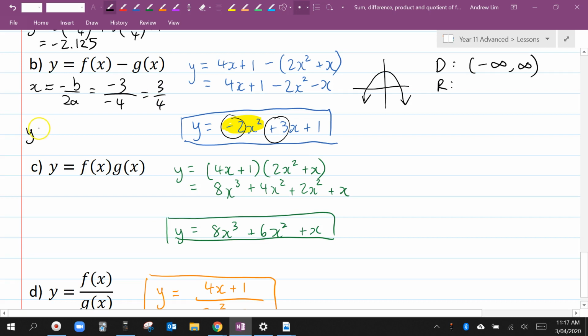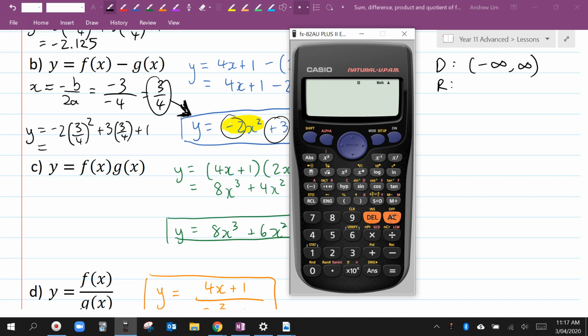So the y coordinate is equal to minus 2 times 3/4 squared plus 3 lots of 3/4 plus 1, so we're just subbing that into this equation. Let's put that in a calculator and see what we get. So we got 3/4, then minus 2 times answer squared plus 3 times answer plus 1 is 2.125.